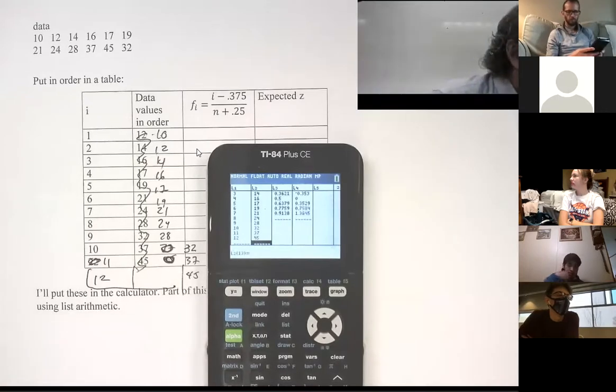Just look at that. There's 12 of them: 45, 37, 32, 28, 24, 21. I think I'm okay.